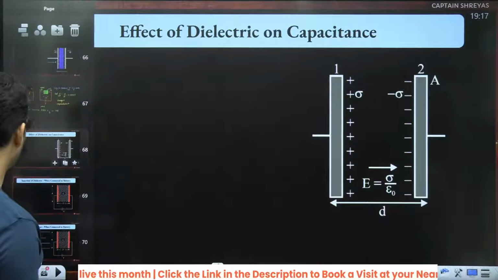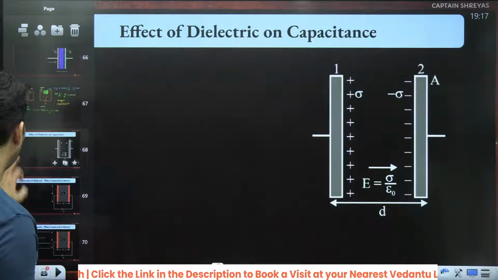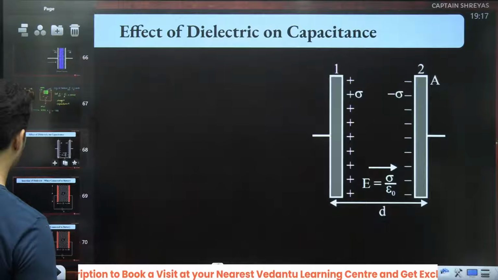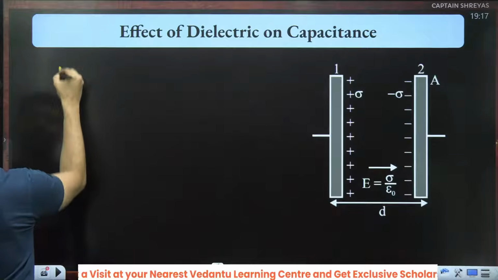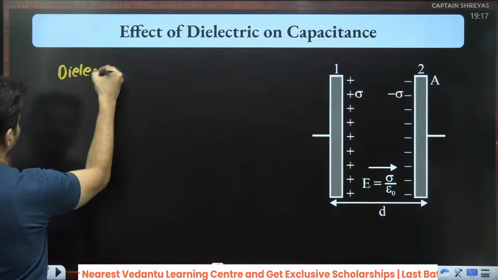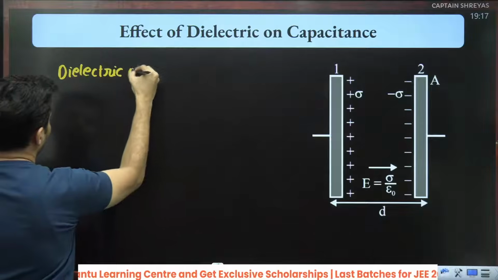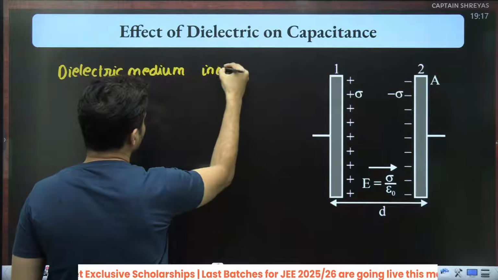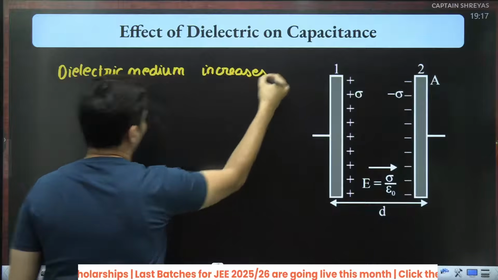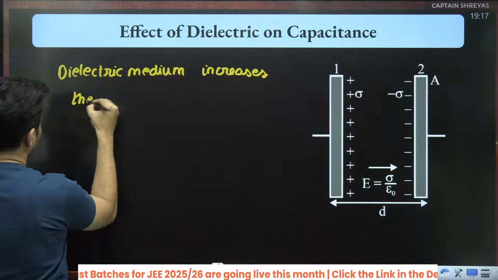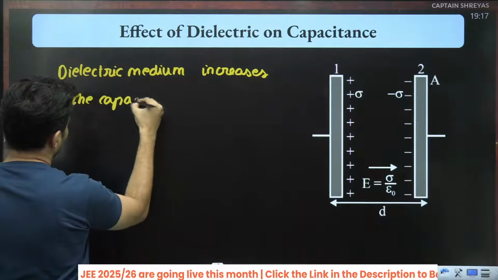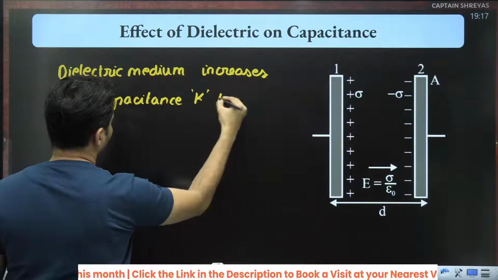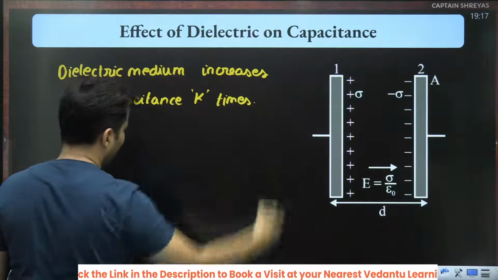So whatever formulas we had, effect of dielectric on capacitance, I think I can just say the dielectric medium increases the capacitance k number of times.